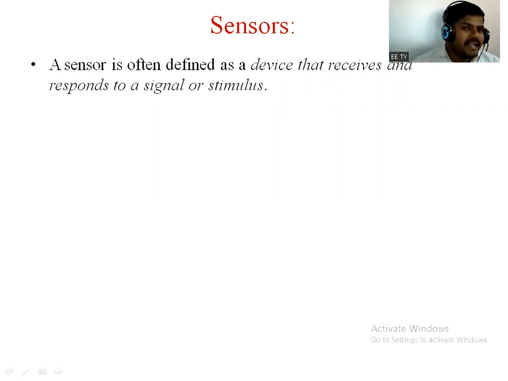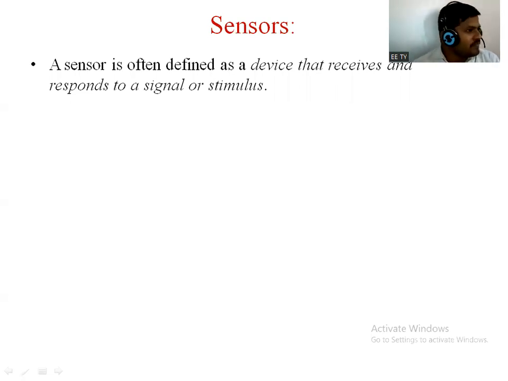A sensor is often defined as a device that receives and responds to a signal or a stimulus. This device will receive one signal, that means it will receive one physical parameter, or one type of signal.